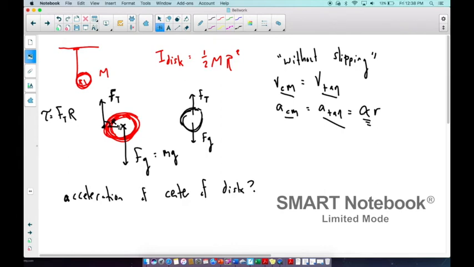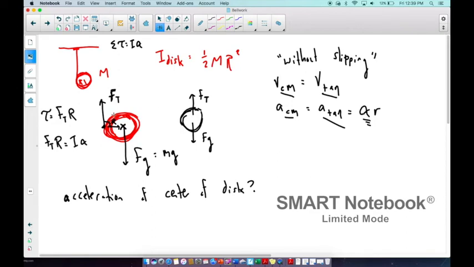But the tension force is located away from the axis of rotation, so it does provide a torque. F r sine theta, where the sine of 90 degrees is 1, so Ft times R. And I know that equals I alpha, doesn't it? So Ft R equals I alpha. That's Newton's second law for torque. Sum of the torques equals I alpha.